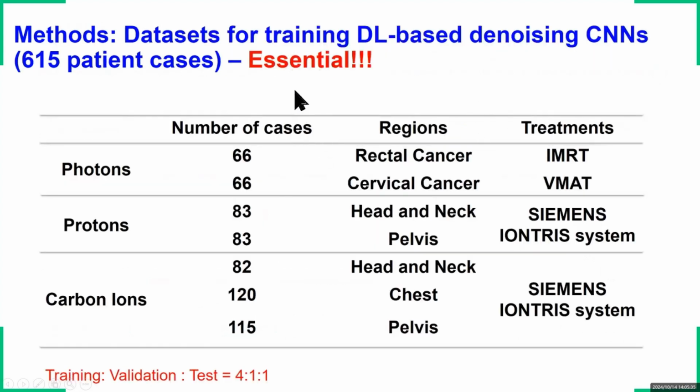As I mentioned earlier, for a deep learning-based denoising method to work, the training data is very important. So far, we have utilized 615 patients who underwent photon, proton, and carbon ion therapies.